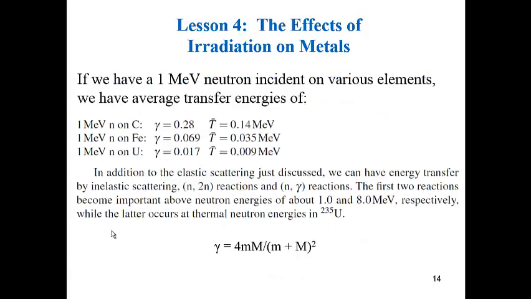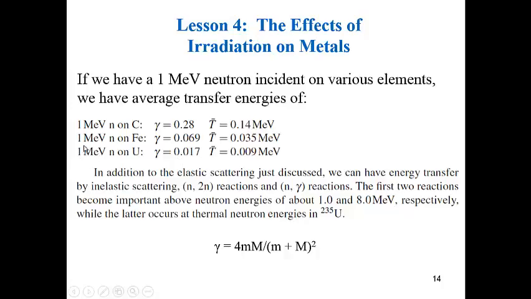It gets pretty involved here. If we have a 1 MeV neutron that's incident on various elements, we have energy transfers that are listed below. T is the average energy transfer. And we also produce gamma energy. A 1 MeV neutron hitting carbon will produce a transfer of about 0.14 MeV to the carbon.